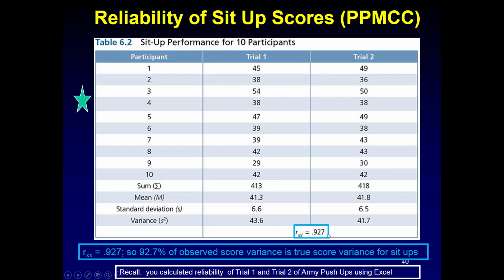And we see we have pretty high reliability here. Once you calculate this reliability, you can then interpret it, should you want to, relevant to reliability theory by saying our correlation coefficient was 0.927, so 92.7% of the observed score variance is true score variance for this sit-up test.